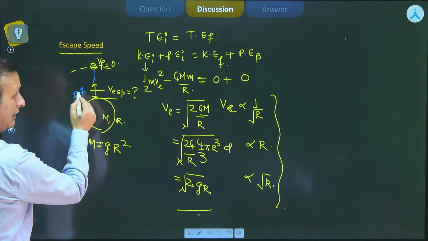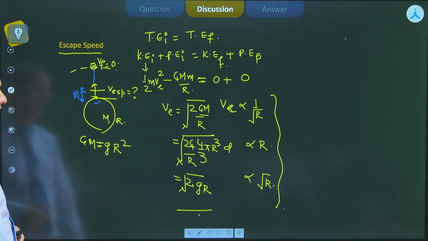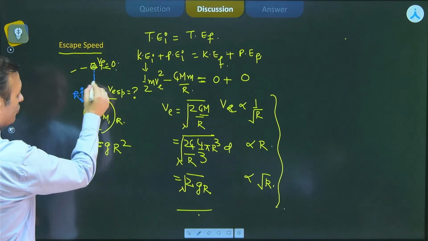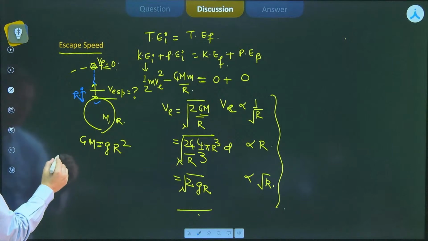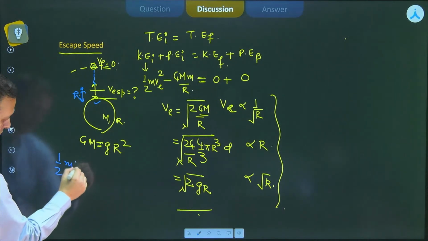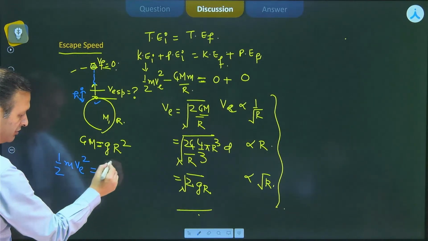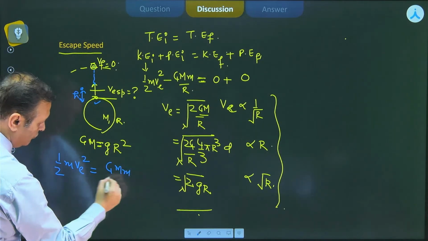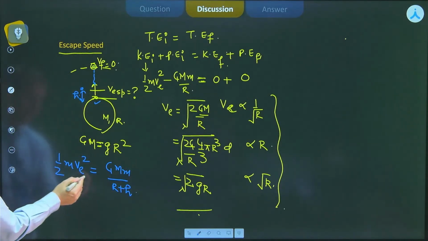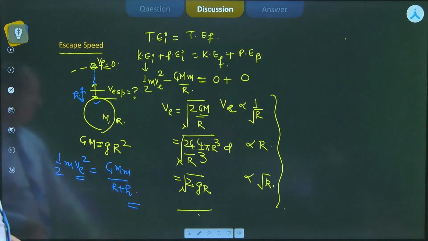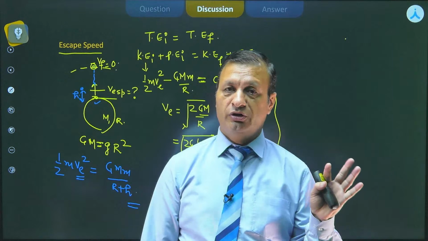So will the escape speed be the same as when you projected it from the surface of Earth, or when you're doing it from a height? Will it be the same? What is different? Potential energy would be different. And this is how escape speed varies with respect to height also. You got it or not? This is very important.